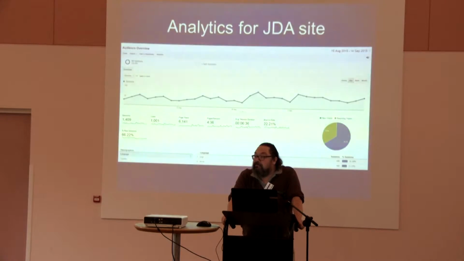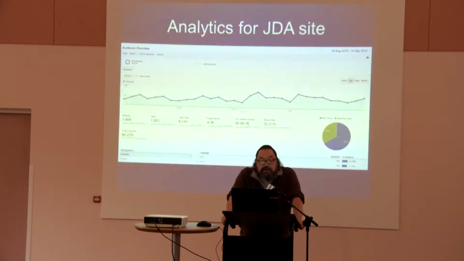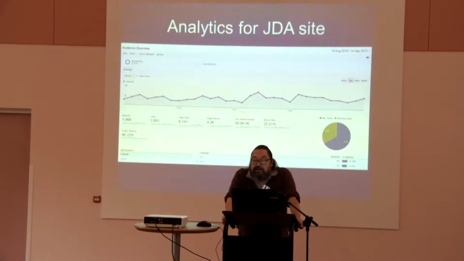They do a fair amount of looking. They're not just one-off clicks. We had, during this period of time, 1,409 sessions involving 1,001 individual users. The pie chart in the corner shows a breakdown between, in blue, new visitors, and in green, returning visitors.